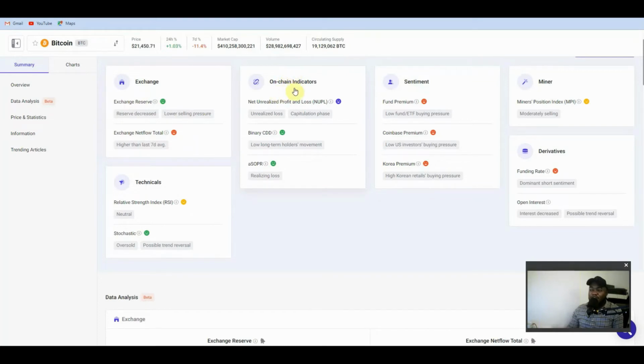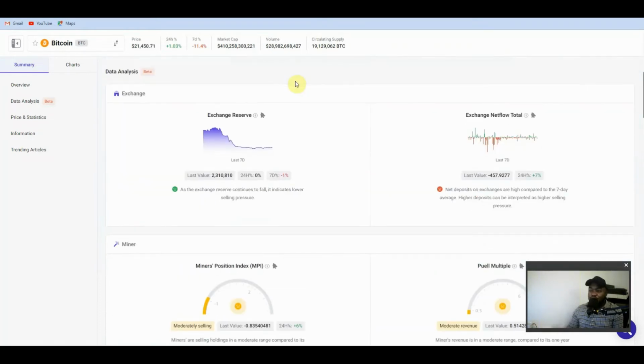Now these on-chain indicators, if you click on this, you will find exchange reserve. Last value was this. As the exchange reserve continues to fall, it indicates lower selling pressure. If exchange reserve is coming down, it shows that there is lower selling pressure in the market generally.